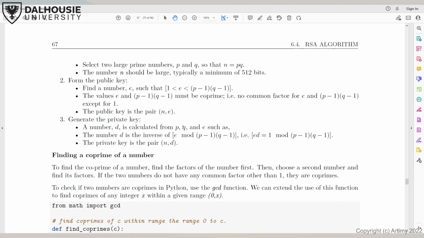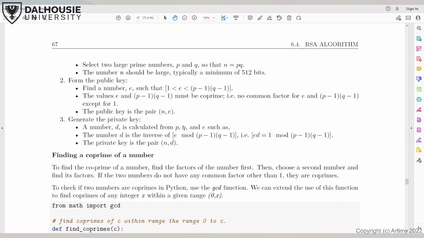So finding E, I can say 3 is good, 4 is good, but I have to find a number that must be co-prime to the value (P minus 1) multiplied by (Q minus 1). If I find something like this, then that is considered my public key.